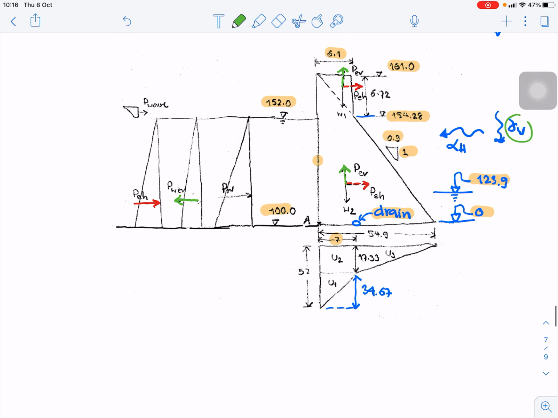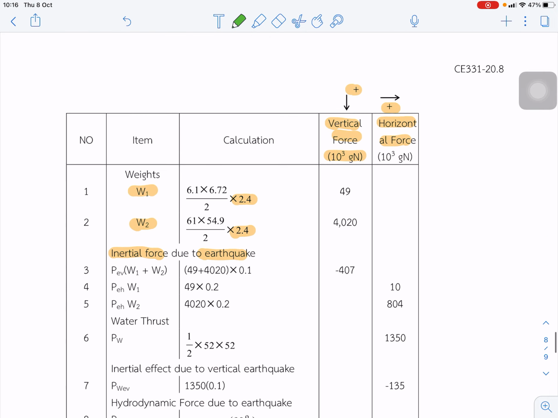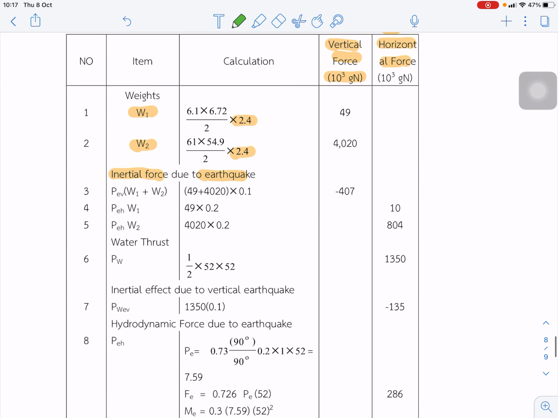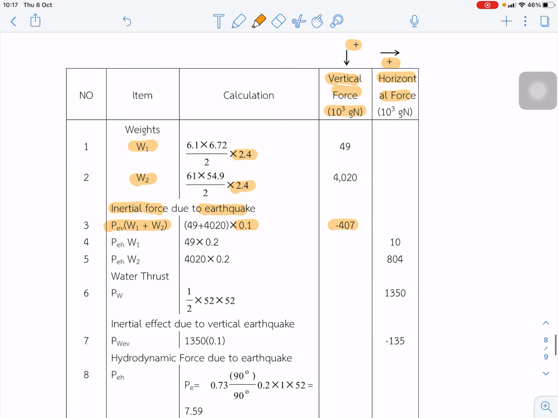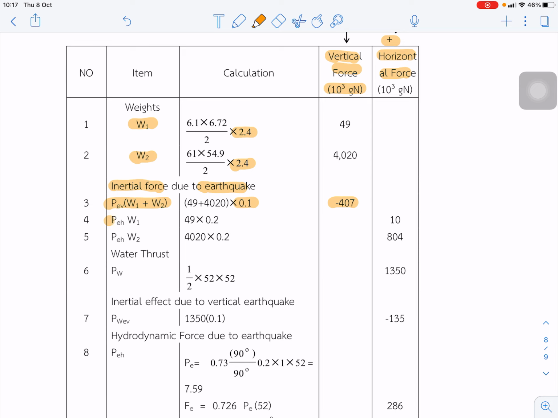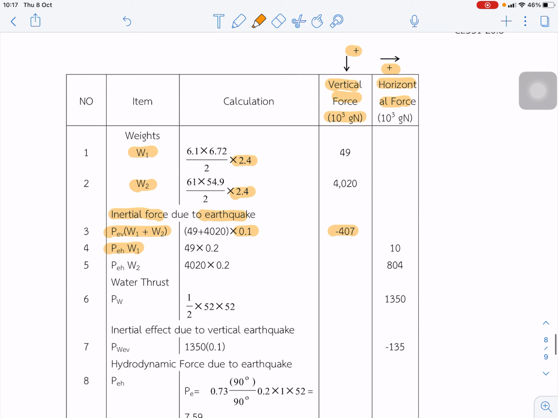do the calculation and put it in a table. See, for the inertial force PEV, in this case we multiply by the acceleration 0.1 with a negative sign, because it is upward. And PEH is in the downstream direction, so it's positive.